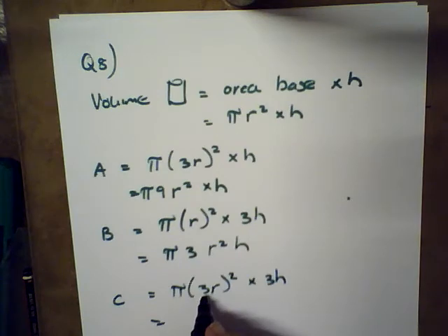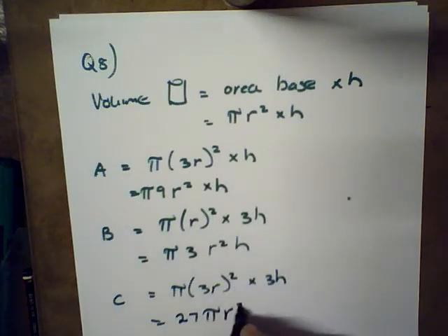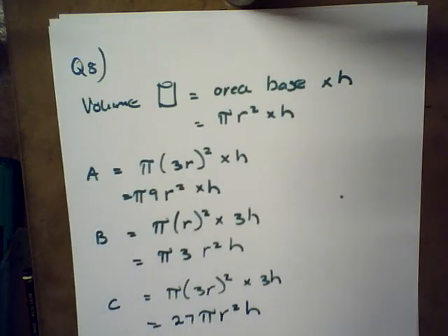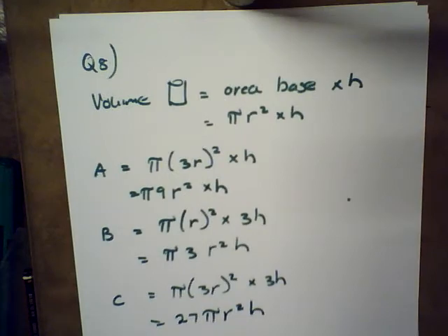That's going to give us 9 times 3 is 27, so 27 pi r squared h, and that is the volume of the first three values. Okay, now find, in terms of the lowest term, the ratio of the volumes A, B, C.